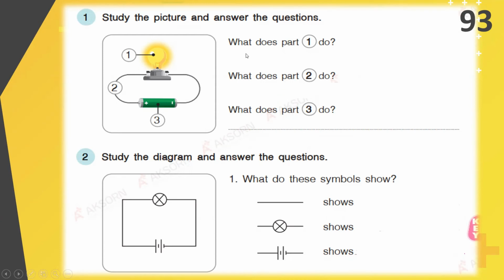Let's start with number 1. What does a light bulb do? It changes electrical energy into light energy. What about number 2?